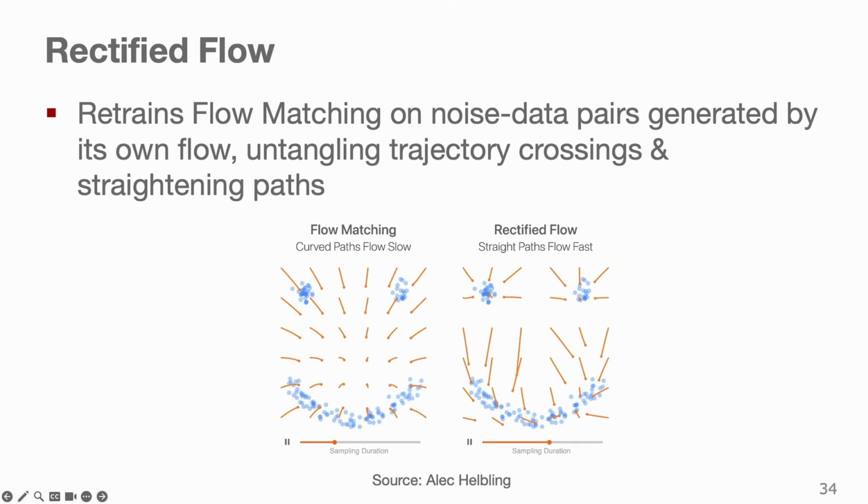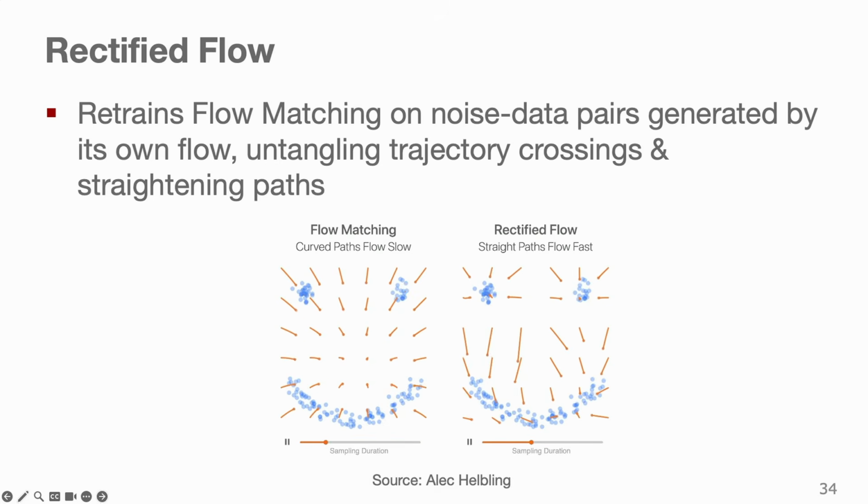So rectified flow is one solution to this problem. They show how to do this with an iterative procedure where you train a flow matching model once, then use it to generate coupled noise-data pairs. So you sample noise, run the learned flow to get the corresponding data point.